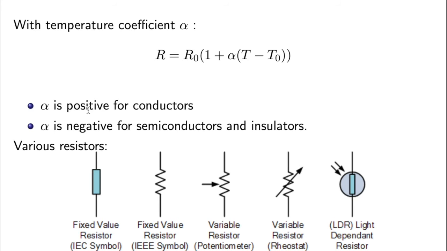Whereas in semiconductors and insulators, the number of carriers is initially limited, so with the temperature increase the number of carriers increases, facilitating the flow of current, and that facilitation is reflected as a negative value of alpha. So these are the various representations of resistors when used for various purposes, and as used by various standard agencies.